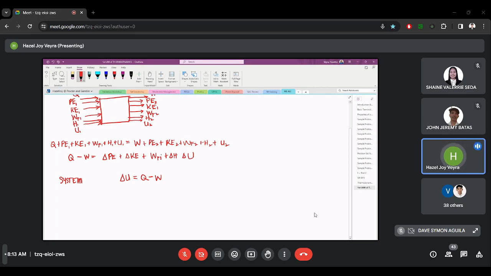So para on the same page tayo when it comes to the sign convention, please remember that Q or heat is positive whenever the system absorbs heat, or heat is added on the system.